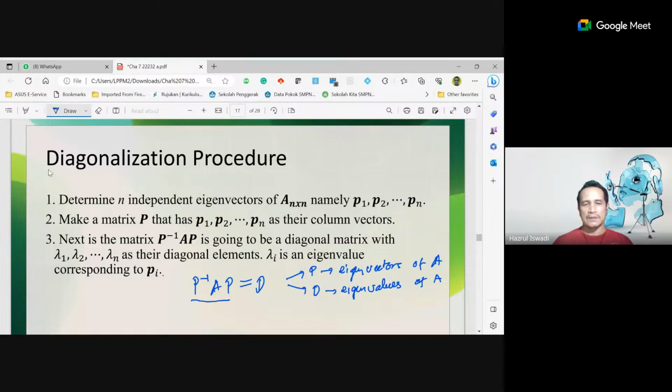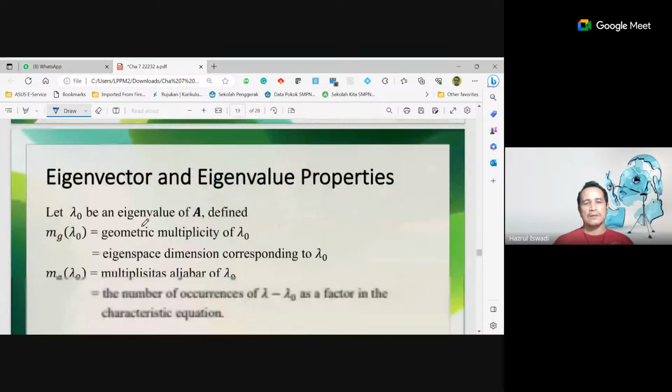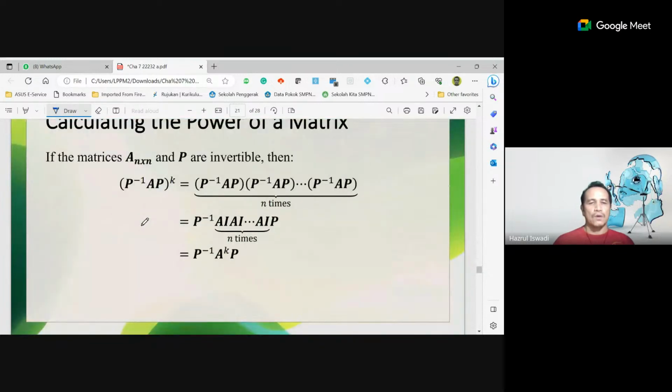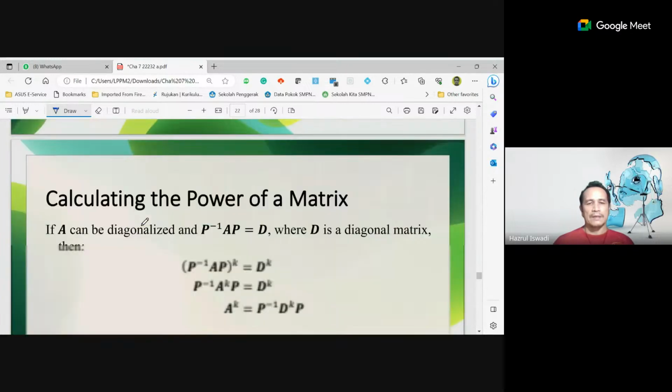This is the diagonalization. And why do we need this equation? Why do we need this condition? This condition can be used to calculate this.